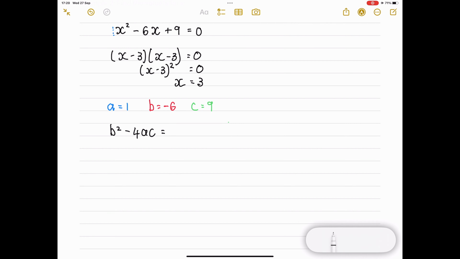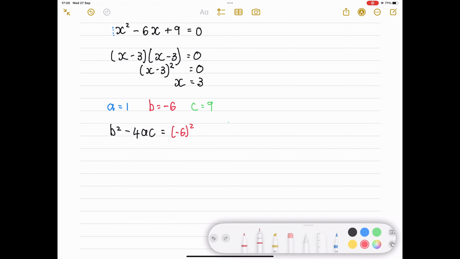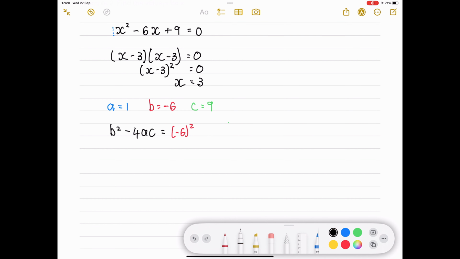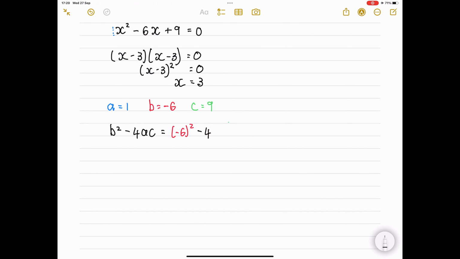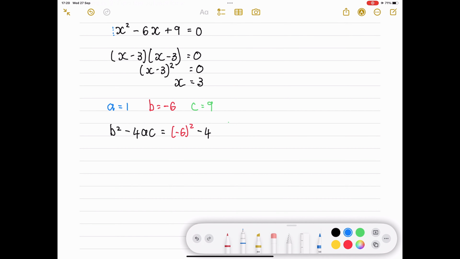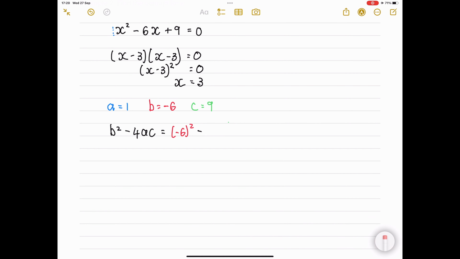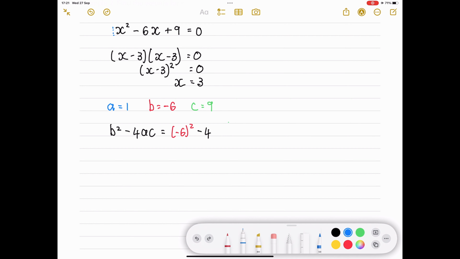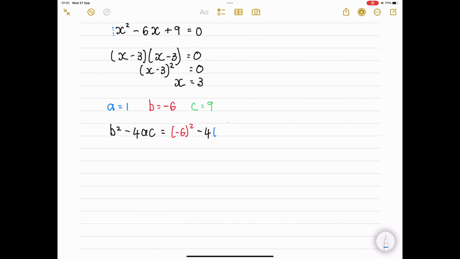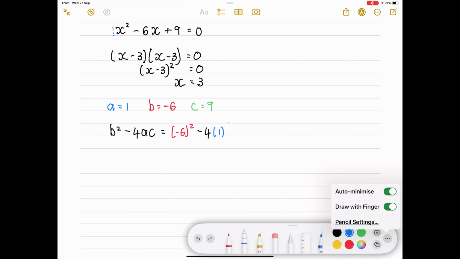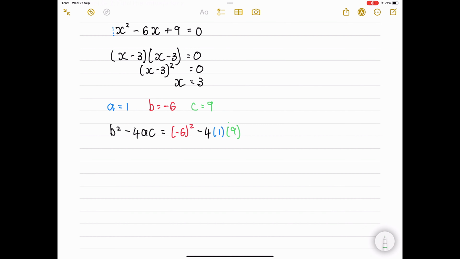so b squared is -6 squared, minus 4. Your a is 1, and your c is 9.